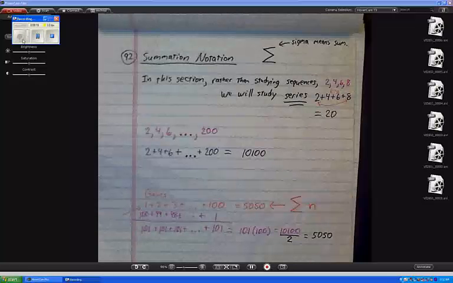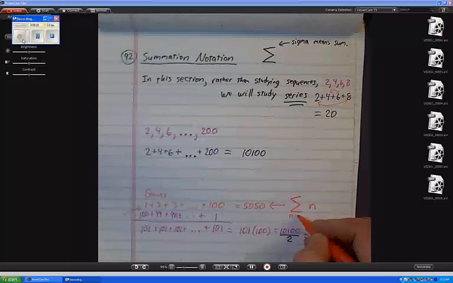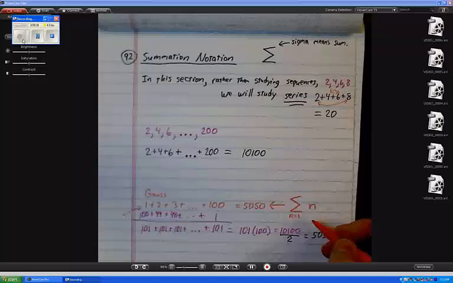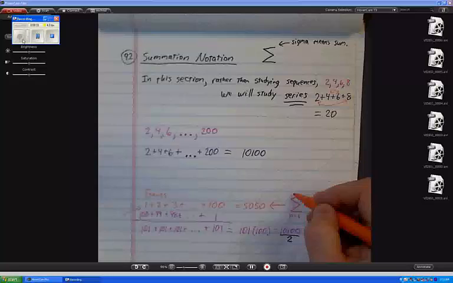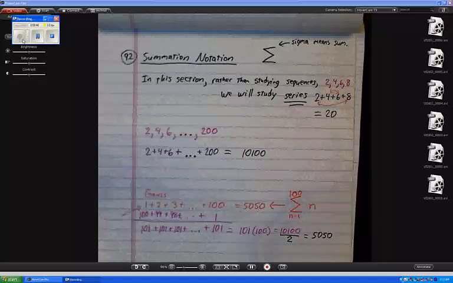That's what our book does. And now I have to tell it where n starts and where n ends. N equals 1 to what? 100. 1 to 100. That make sense?